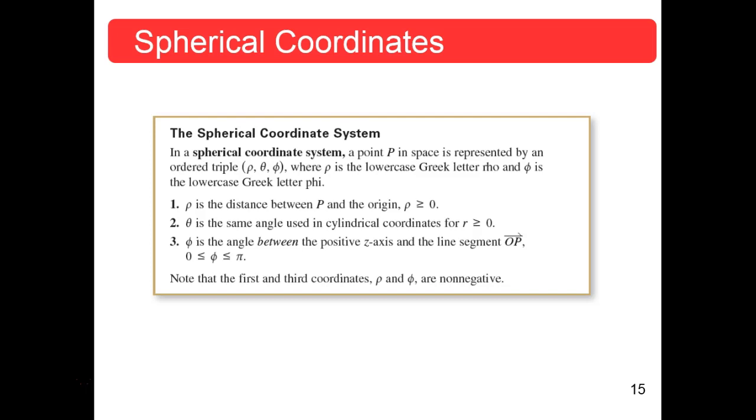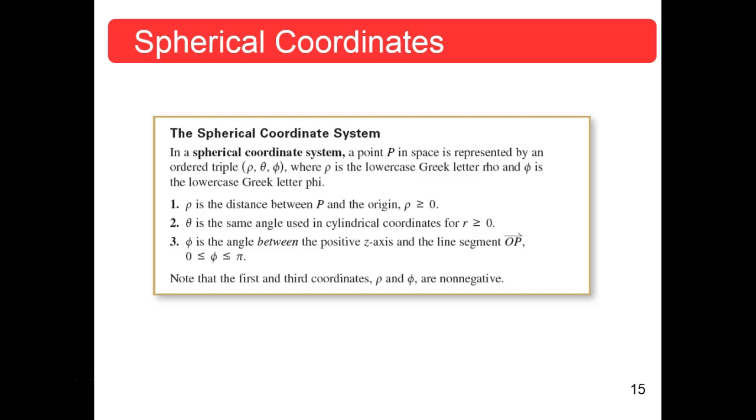If you have r being negative, then it messes with the theta, but for all positive r's you do that. In cylindrical coordinates, they do allow r to be negative, which is rather strange, but they do. You don't allow rho to be negative in spherical coordinates.